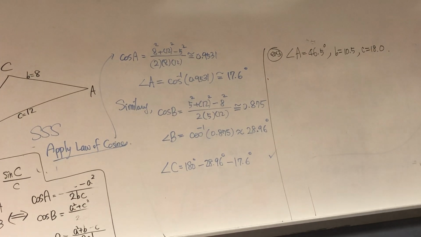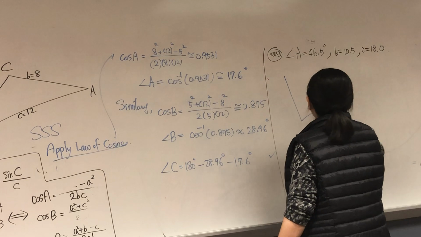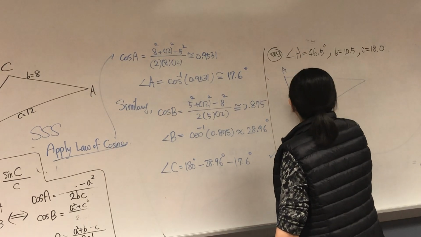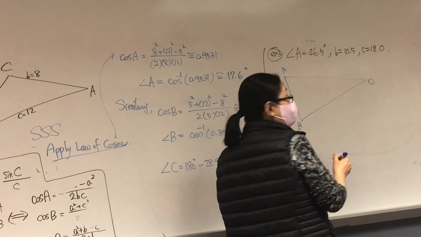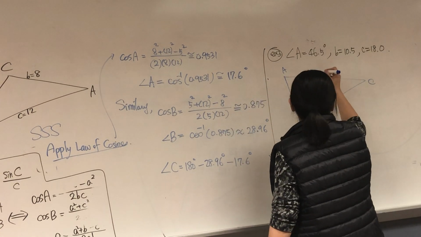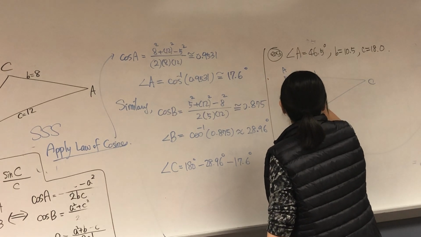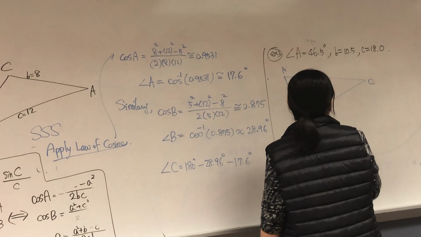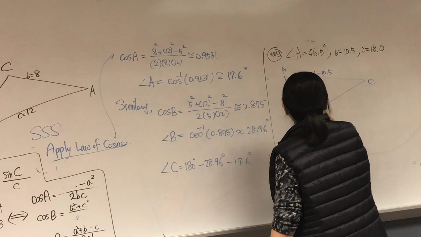What kind of a triangle do you have to draw? So, draw A, B, C, and then A here, B here, C here. A is 46.5 degrees, B is 10.5, C is 18. Of course, my picture is very bad.